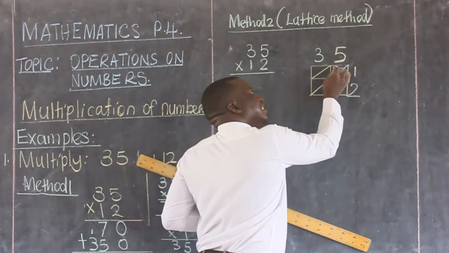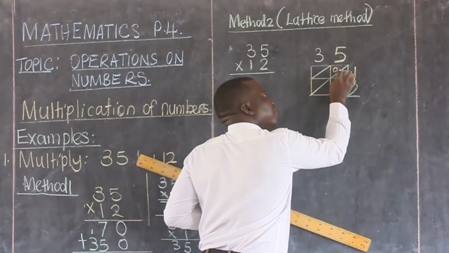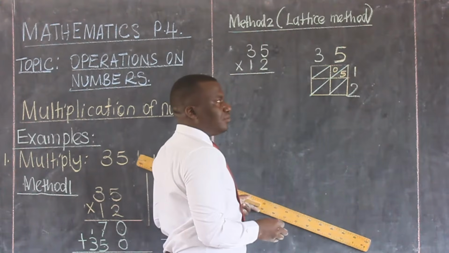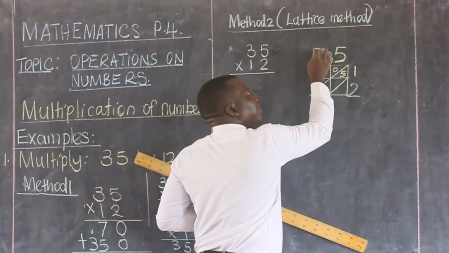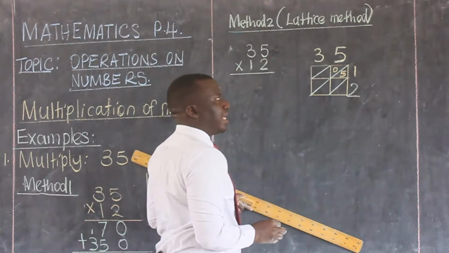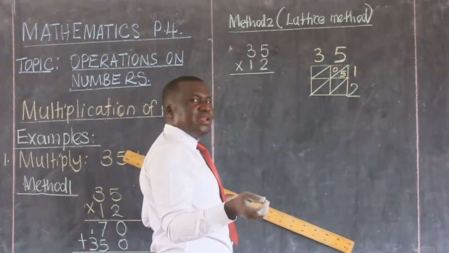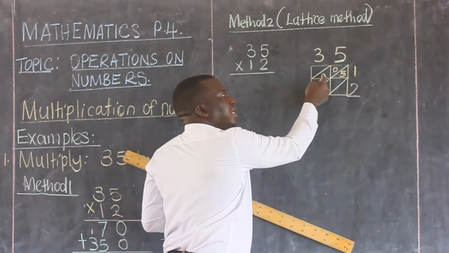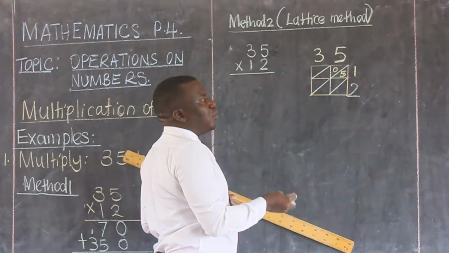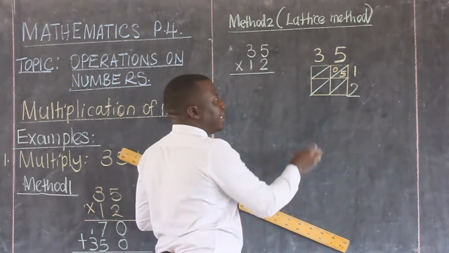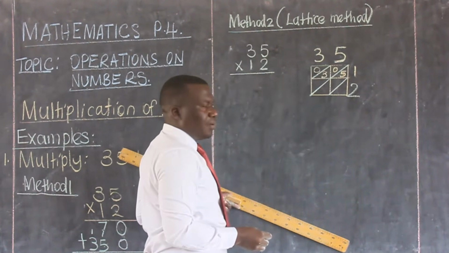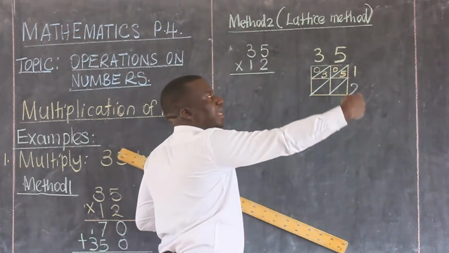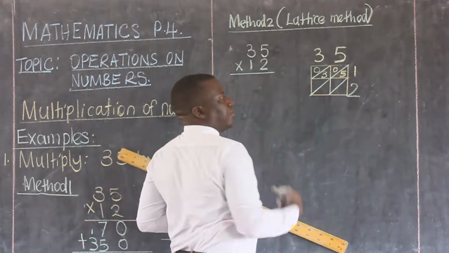So you will get 0, 5. Okay? I hope you are following that. Then 1 times 3, you are getting 3, but remember, this accommodates 2 digits. So you are going to get 0, 3. Okay? So you have finished multiplying 35 by 1.